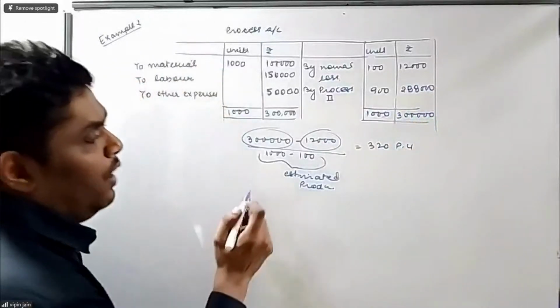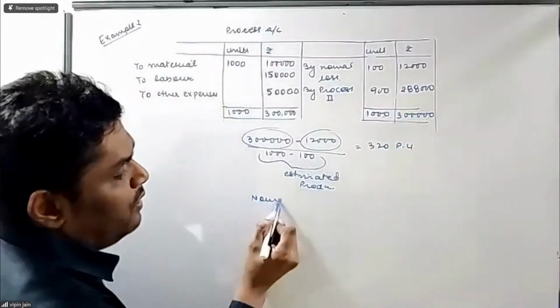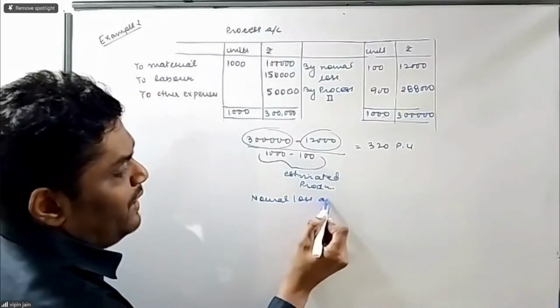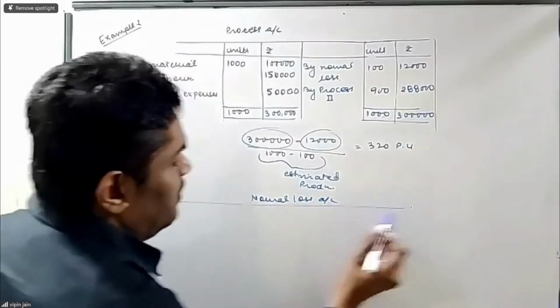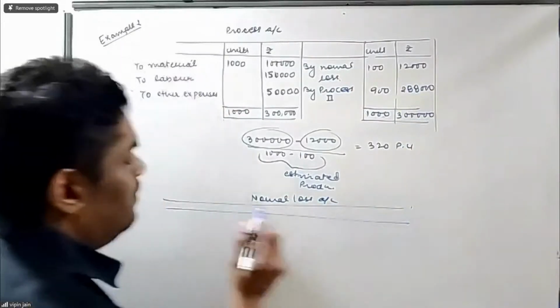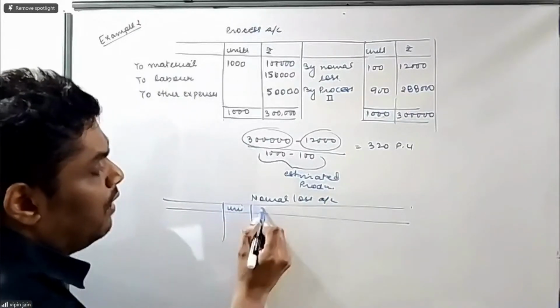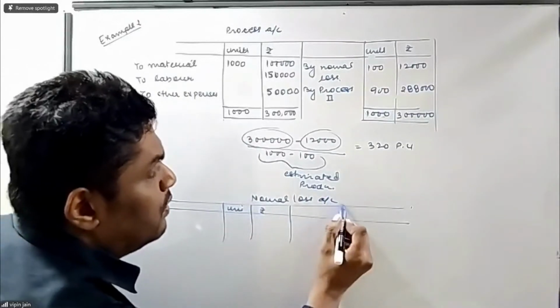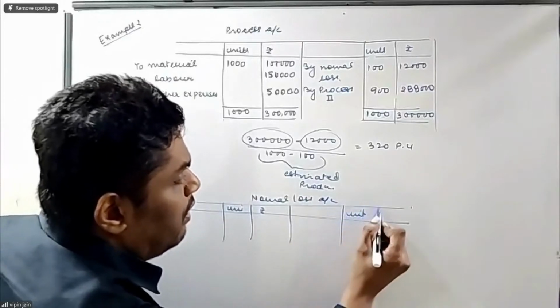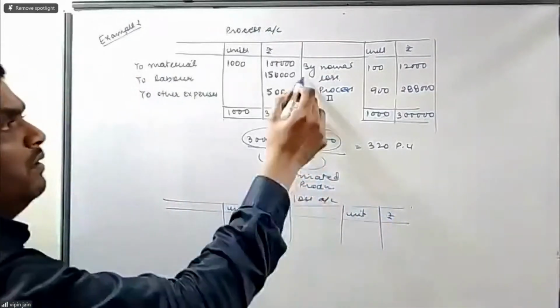When talking about how to prepare normal loss account, very simple, guys. Units, amount, units, and amount.